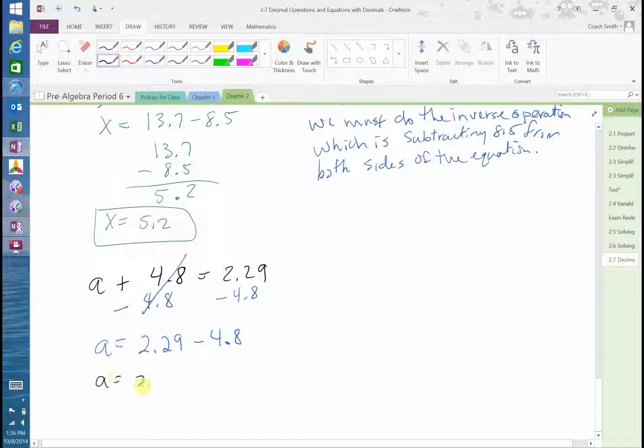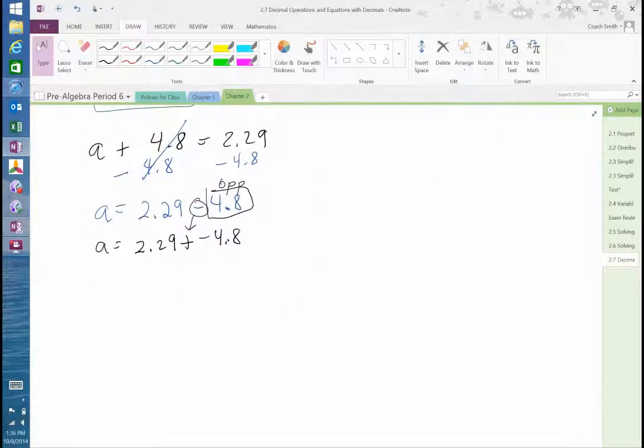No. It is A equals 2.29 plus negative 4.8, because we change subtraction to addition, and we do the opposite of the number behind it. Now, that means I have a negative and a positive.